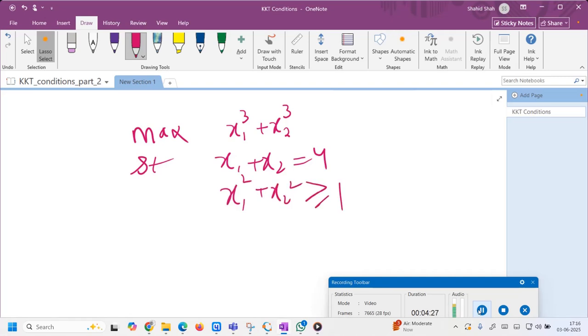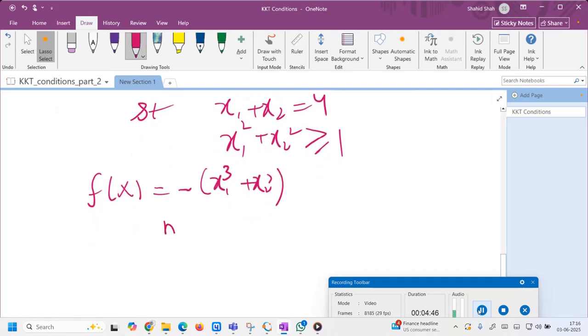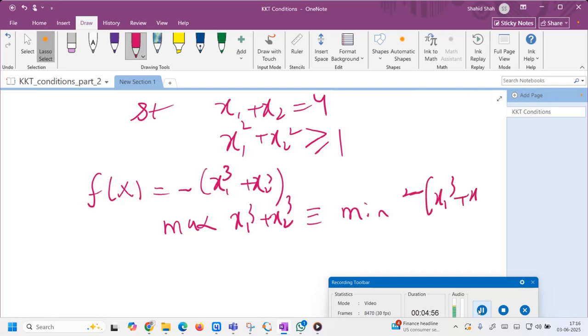Now is it in a standard form? No, we need to bring it to standard form. To bring it into standard form, we define the function f of x as minus of x1 cube plus x2 cube. Because maximizing x1 cube plus x2 cube is the same as minimizing minus of x1 cube plus x2 cube.